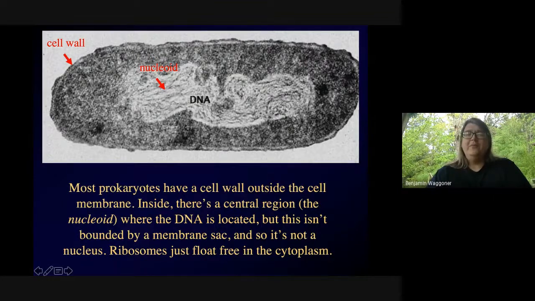It's not the same as a nucleus, because a nucleus would have a membrane sac dividing it from the rest of the cell. In the case of prokaryotes, there's no sac. It's just a big blob of DNA in the middle. That's the nucleoid. And some of those black specks that you see around it are going to be ribosomes, and those are just kind of floating free in the cytoplasm.